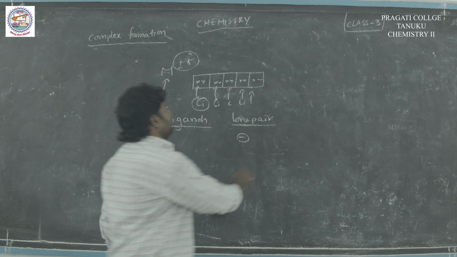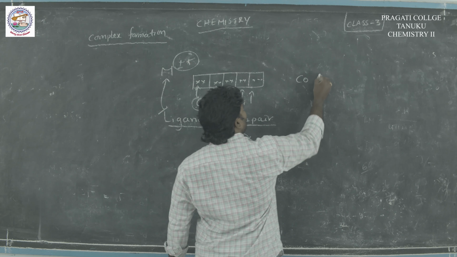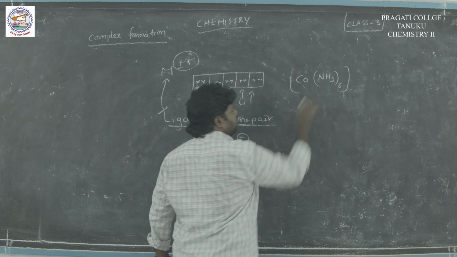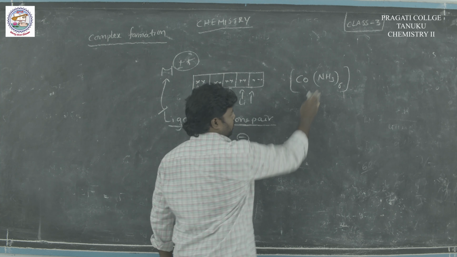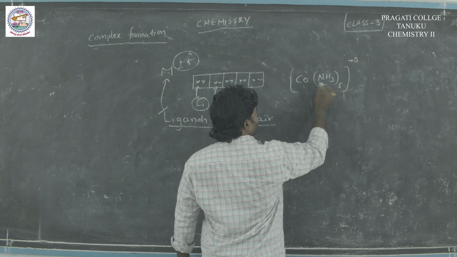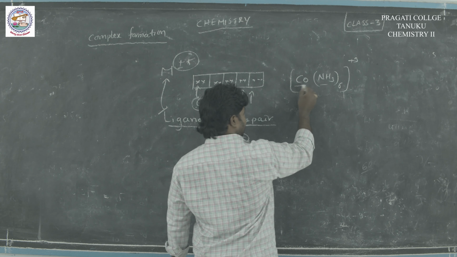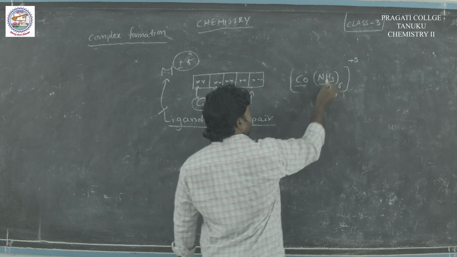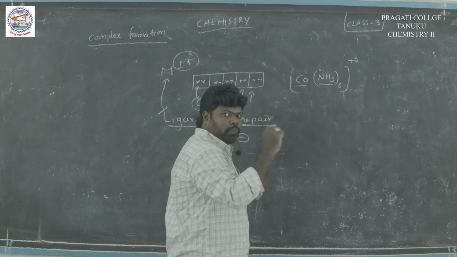For example, cobalt is combined with 6 amine groups or ammonia molecules in this complex. This is the central metal ion, and ammonia acts as a ligand because nitrogen contains one lone pair of electrons.